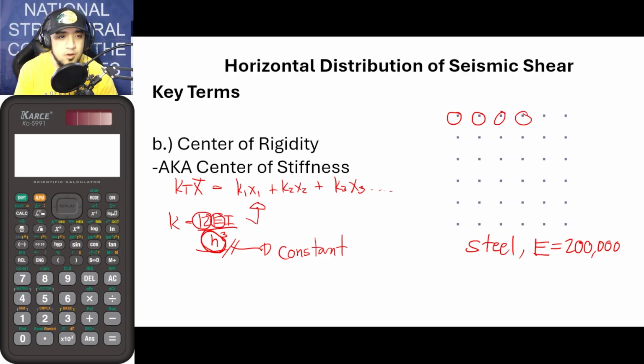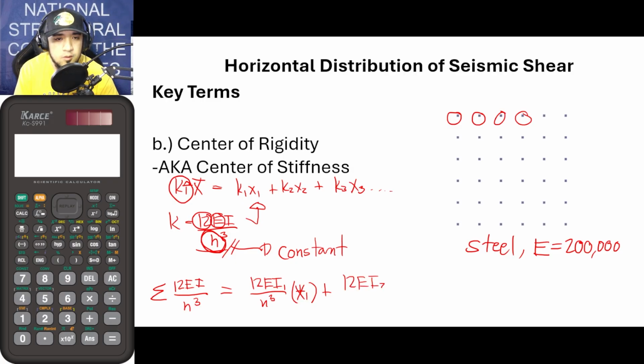And if we are to make use of that equation, the value for kt is basically the summation of k, or the summation of 12 EI over H cube. So again, this is equal to 12 EI1 over H cube times x1 plus 12 EI2 over H cube times x2, and so on and so forth.